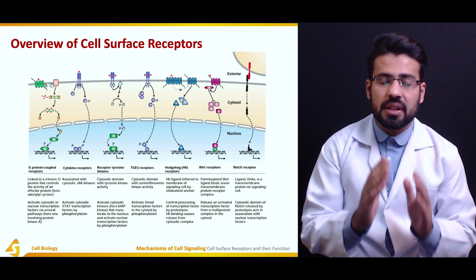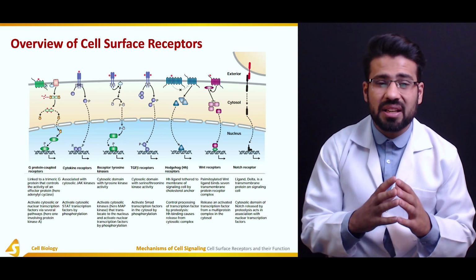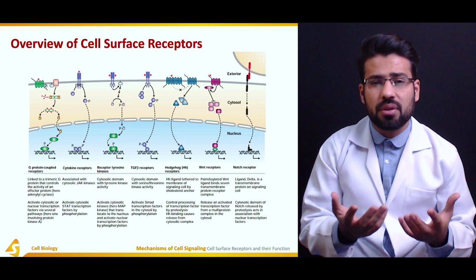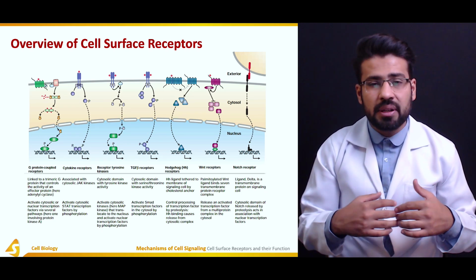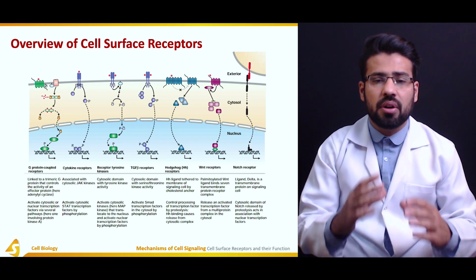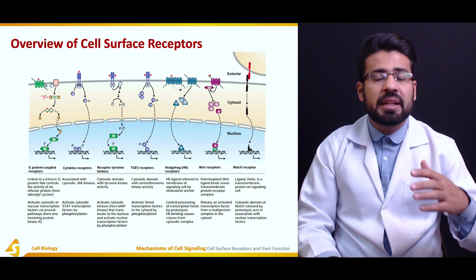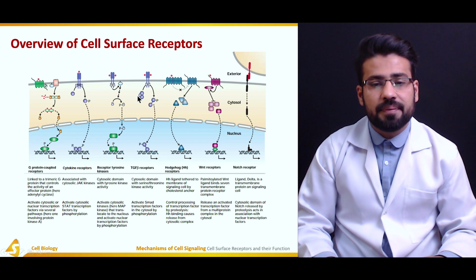SMAD3 then binds with SMAD4, also known as co-SMAD protein, and this whole complex causes the phosphorylation of, again, the transcription factors, and they move from the cytosol into the nucleus. Of course, this causes the activation of the genes that are required by the activation of the TGF-beta receptors.